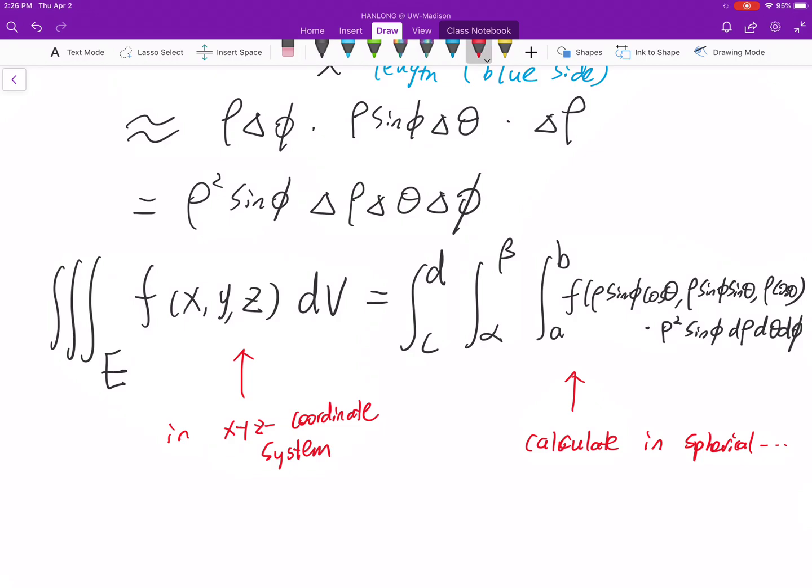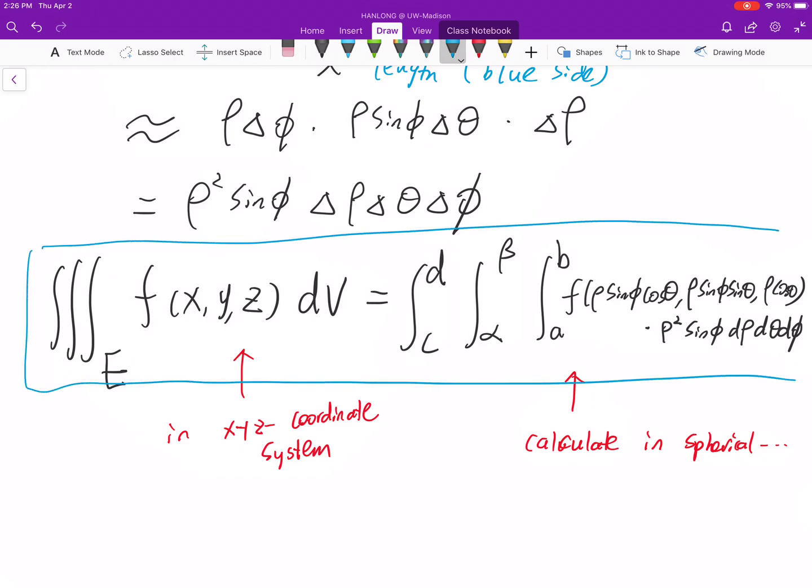So this is the transformation law we are going to use. And here, most importantly, you have the actual factor rho squared sine phi.